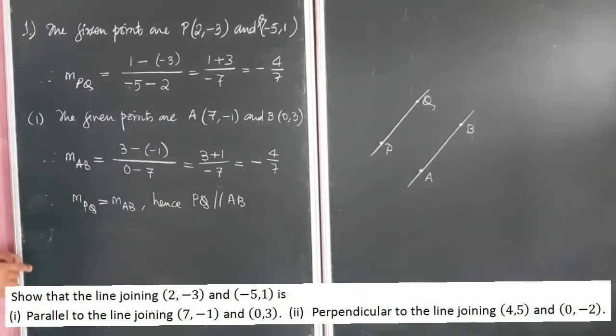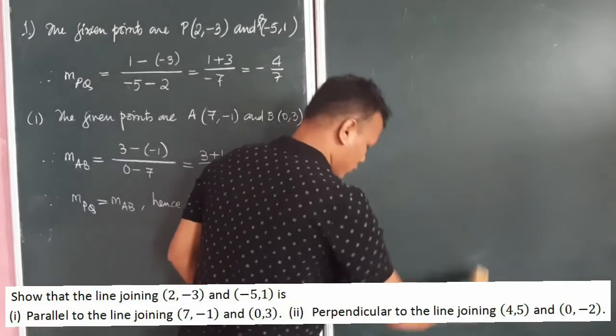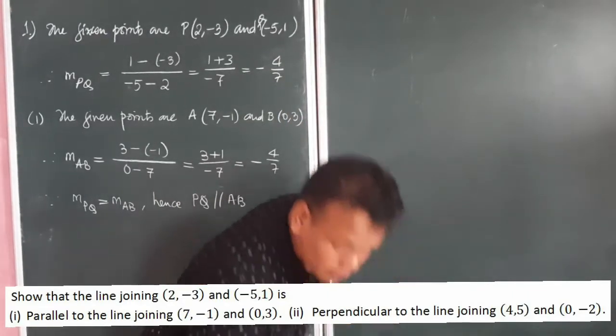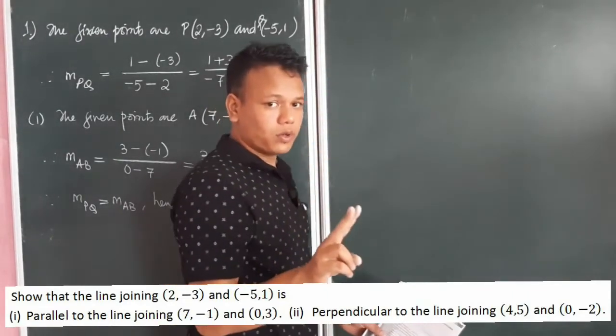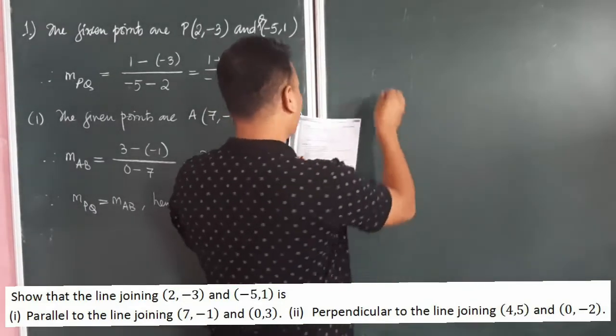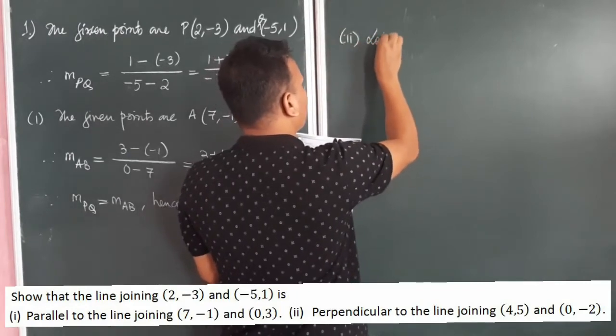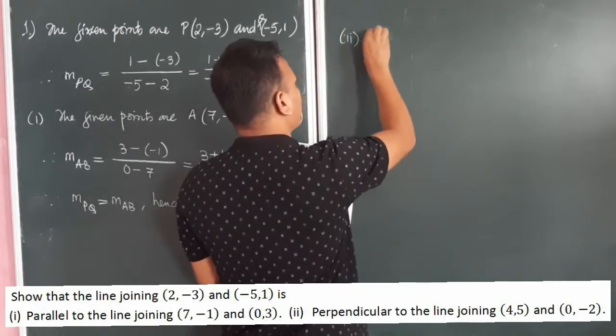Let us see the second case. In the second case, we need to show that the line passing through two given points is going to be perpendicular to PQ. So in number 2, let me write the given points.